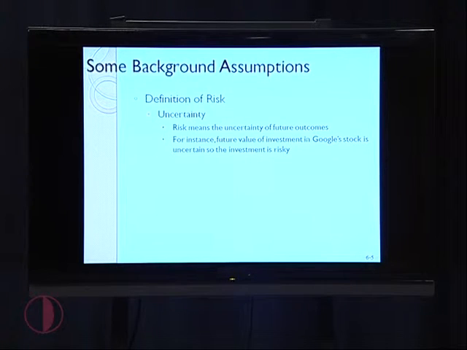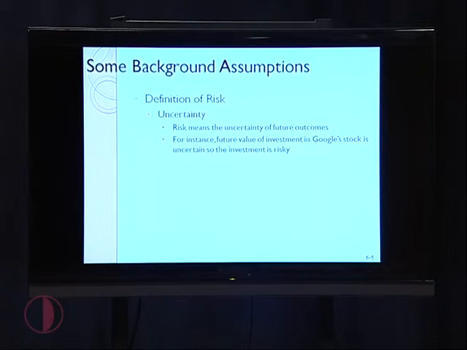When we are talking about risk, we are talking about uncertainty. There is no guarantee. If we have an expected rate of return of 10%, we will not necessarily receive 10%. There is risk. For that, risk is related to uncertainty. Risk means uncertainty about what? About the future outcomes, the future returns.